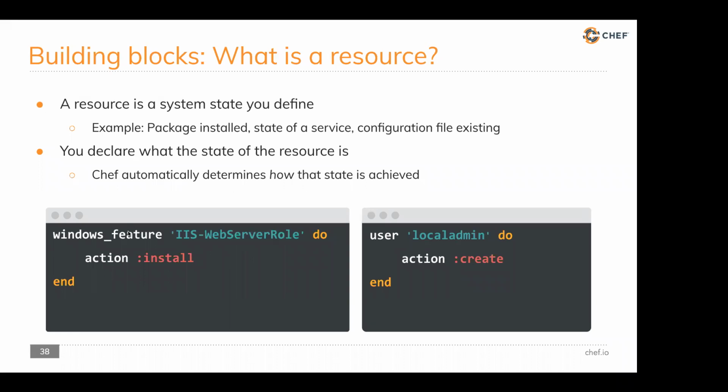The idea behind Chef, and the reason people use Chef instead of just writing a lot of scripts, is that behind the scenes, in addition to supporting multiple operating systems for the large number of resources we have, it checks the current state of the machine, and it only does work if your desired state is different from the machine state.